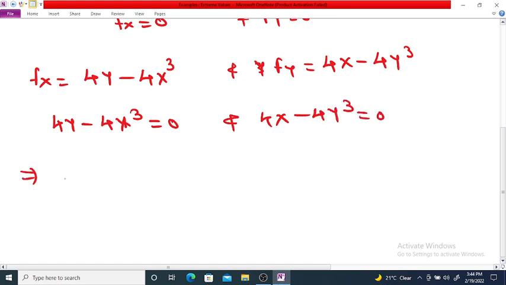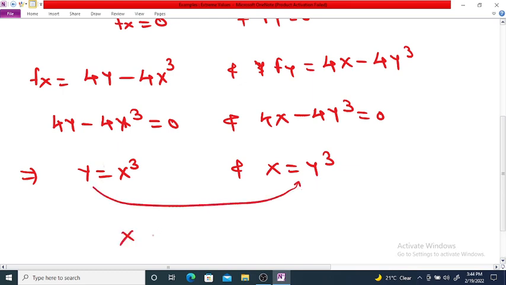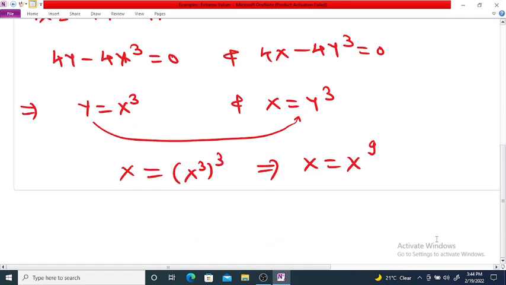Since 4 is not equal to 0, this implies y equal to x cube, and x is equal to y cube. If we substitute y equal to x cube, we get x equal to x cube raised to cube. So x is equal to x raised to 9, and x minus x raised to 9 equal to 0.